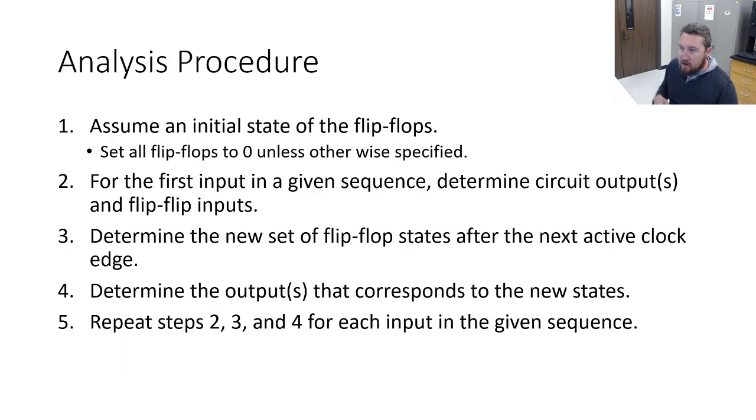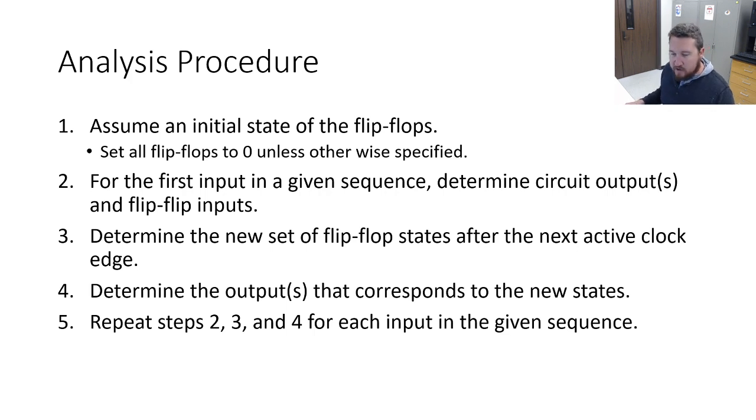It's pretty simple. The first step is just assume an initial state of the flip-flops. So set all the flip-flops to 0 unless otherwise specified. I can't even think of a reason why you wouldn't set all the flip-flops to 0. For the first input in a given sequence, determine the circuit outputs and the flip-flop inputs. Then determine the new set of flip-flop states after the next active clock edge, and then determine the outputs that correspond to the new states.